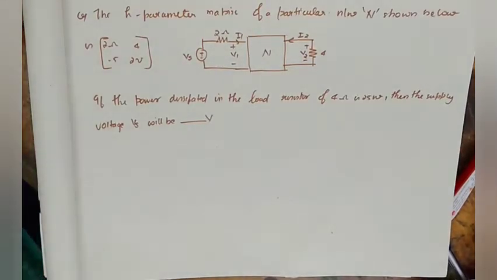Now let's do the next question. The H parameter matrix of a particular network N shown below is 2 ohm, 4, minus 5, 2 mho, and the circuit is given here. If the power dissipated in the load resistor 4 ohm is 25 watt, then the supply voltage Vs will be, okay.